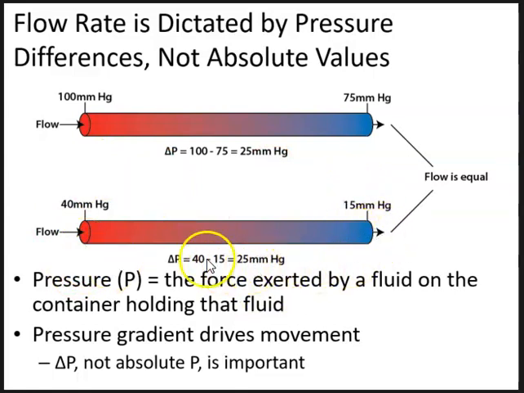Again, the change in pressure is only 25. So the flow is equal. The difference in pressure is the same in both vessels, showing that the flow will also be equal in both vessels. And we know that the pressure gradient is a more important variable for flow.